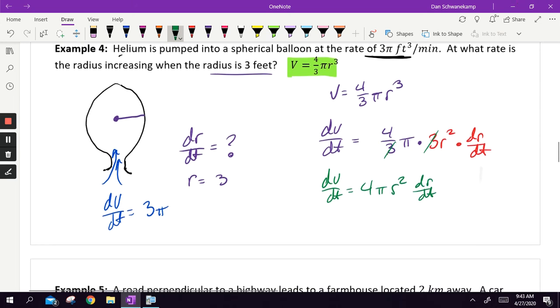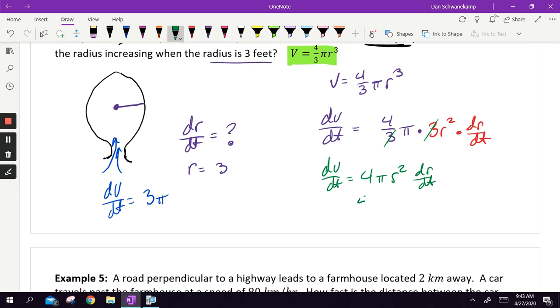I'm going to plug in what I know. So 4 pi, my radius is 3, so 9. dV/dt is 3 pi. I'm trying to find dr/dt. So 3 pi equals 36 pi dr/dt. Divide by 36 pi, divide by 36 pi.